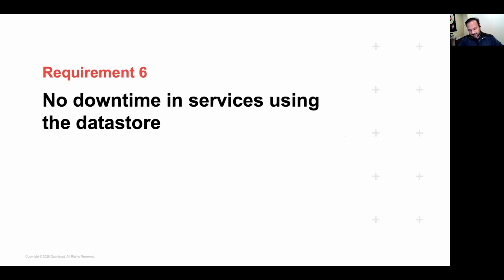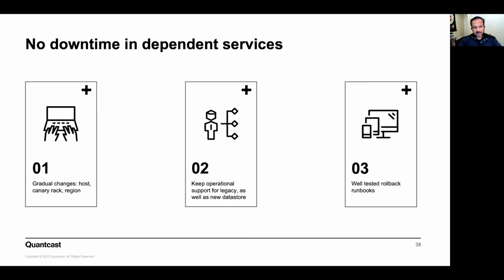The final requirement that we had was that we did not want any downtime in services which use the data store. This we accomplished using a three-pronged approach. The first thing was that the changes would be rolled out gradually. We would first release to one canary host, then we would release the change to a canary rack. We would monitor the performance of the canary rack and compare it with the rest of the rack.